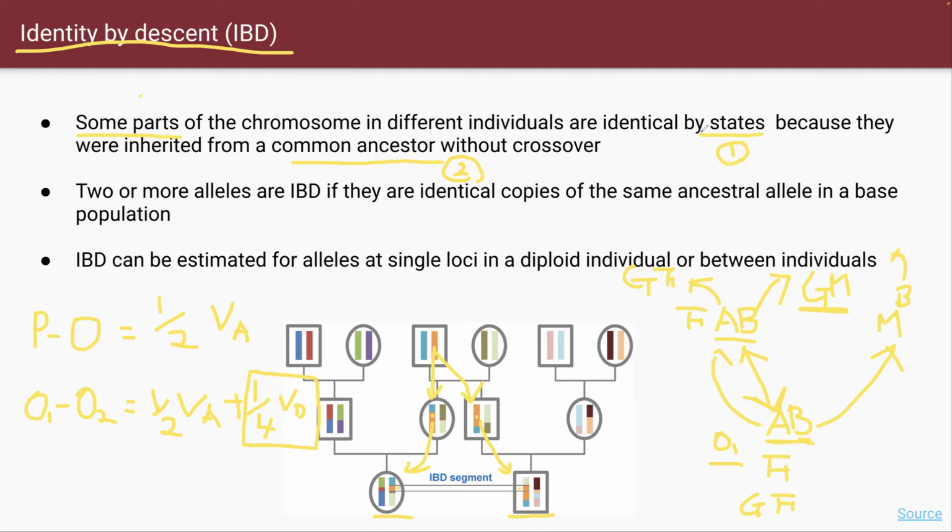So even though they are the same state, they are not from the same ancestor. It's very simple, right? So we're not talking about just identical by state. We also have to deal with the same ancestor. That's the important thing.